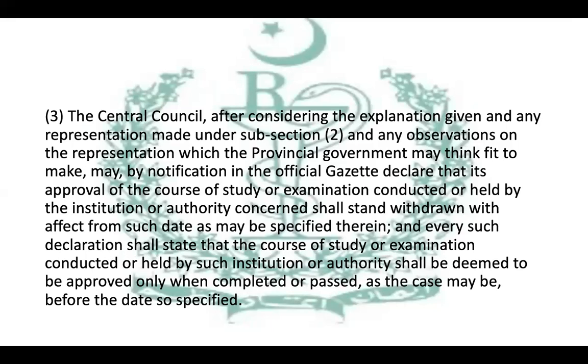And every such declaration shall state that the course of study or examination conducted or held by such institution or authority shall be deemed to be approved only when completed or passed, as the case may be, before the date so specified. Now what do they do?